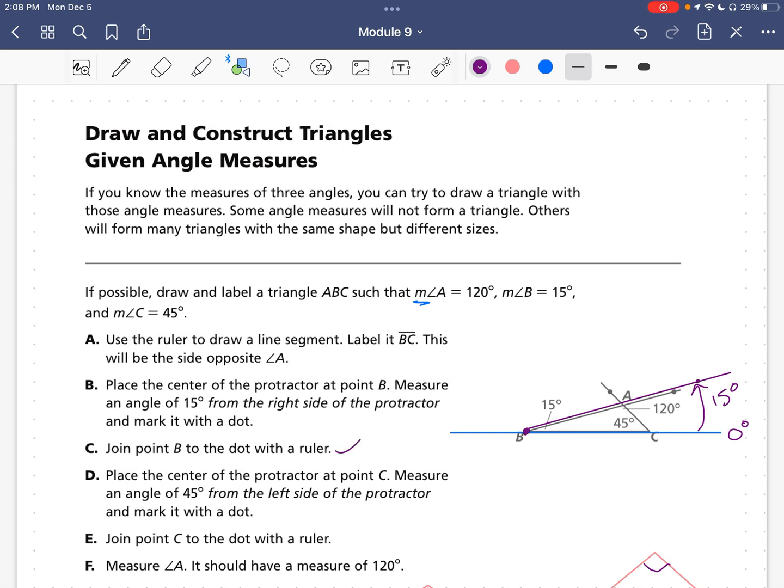And then I need to join point B at the dot with the ruler, okay, check. And then place the center of the protractor at point C. So now the center of my protractor is over here, and I'm going to go backwards 45 degrees. I'm going to do my dot where it says 45 degrees, and then I can make my next line. And again, these can be long.